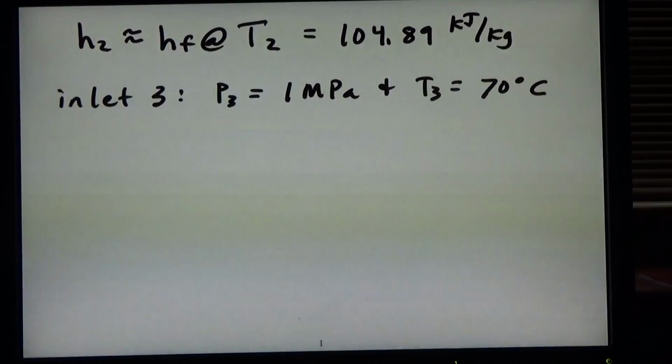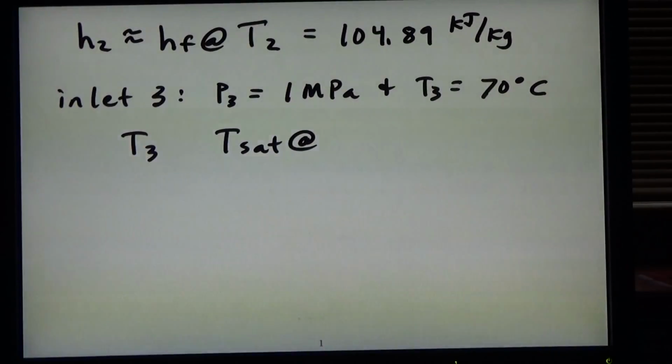But we still would need to check it. So let's check and make sure we get the phase of the refrigerant correct. So for the refrigerant properties, I'm going to have to go into the book and I'm going to need to turn on the light.